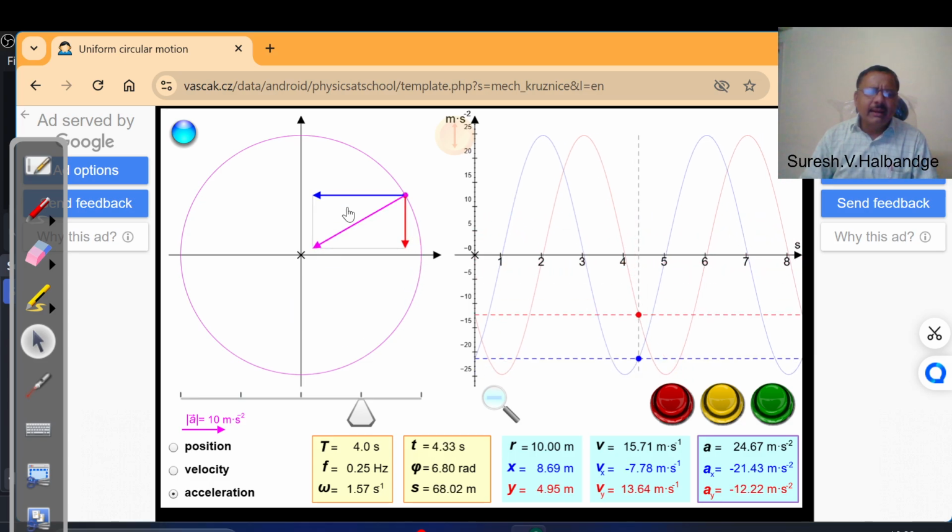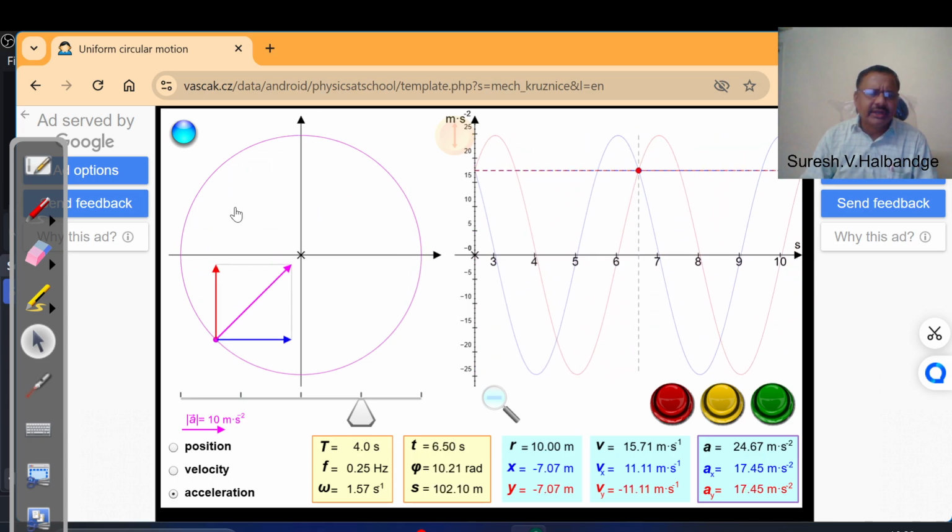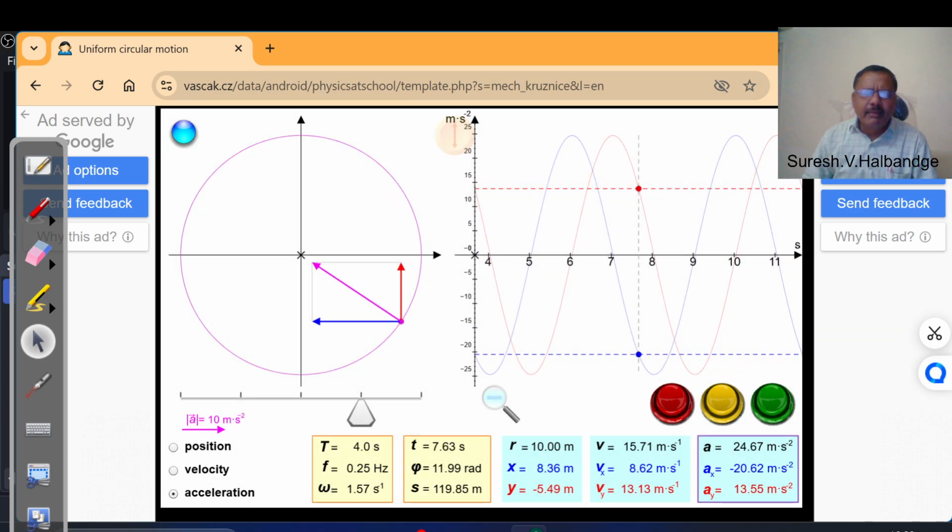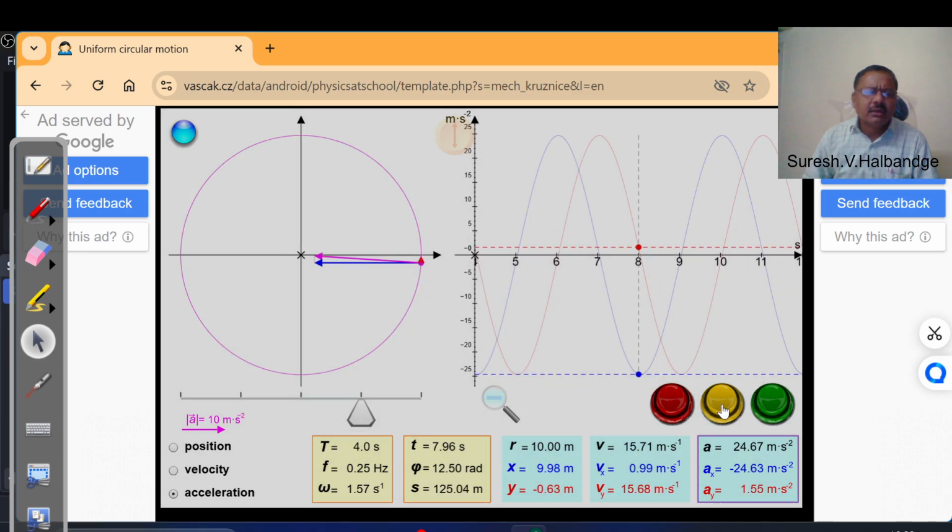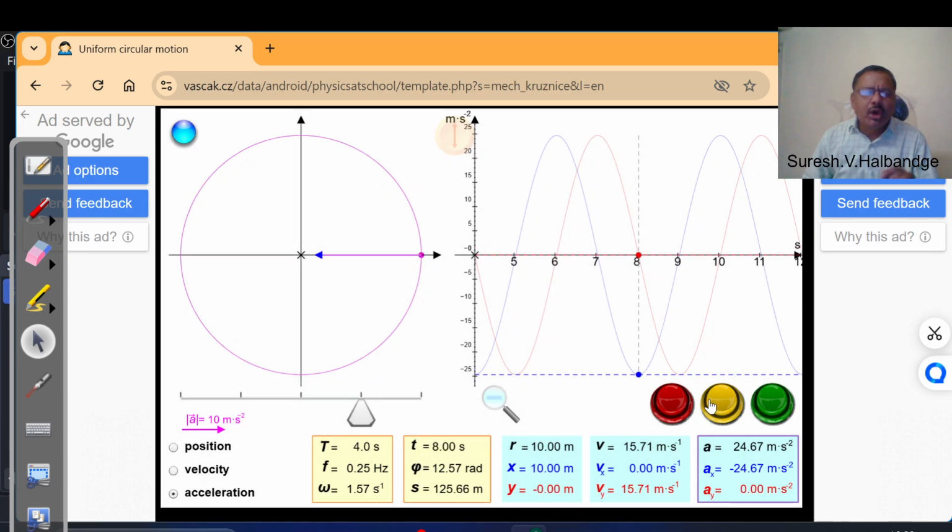So when the particle performing circular motion completes one revolution, at that time, the particle performing wave motion completes one oscillation. You see, it will start from here, it will move in this way, and again it will come to the mean position.